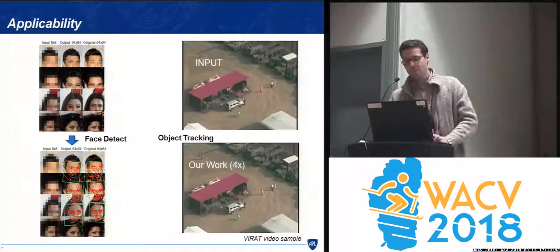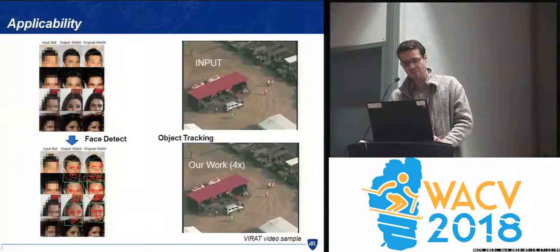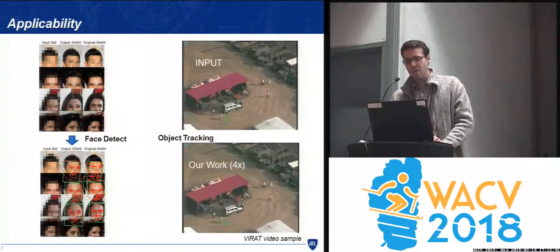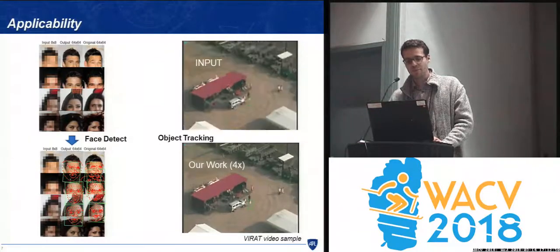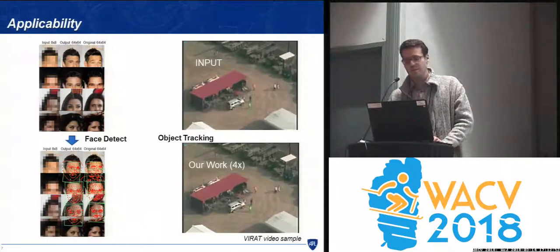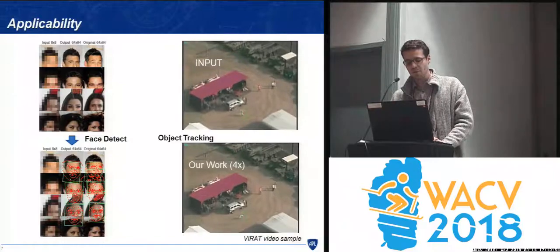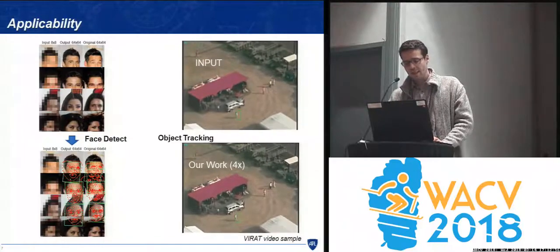In the case of face detection or object tracking, we have an aerial video where, with the original input, the tracker loses the actual person, but when applying the super res, it is able to continue tracking the person.